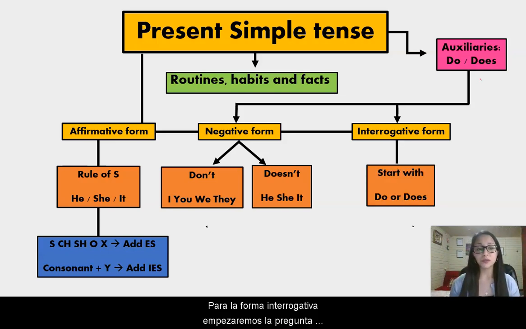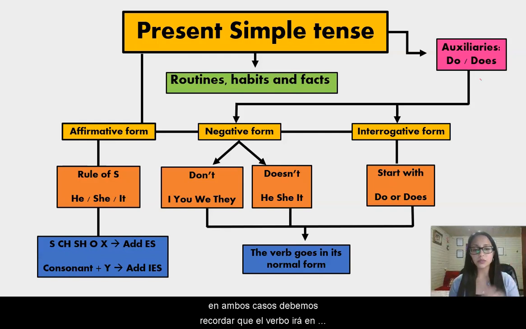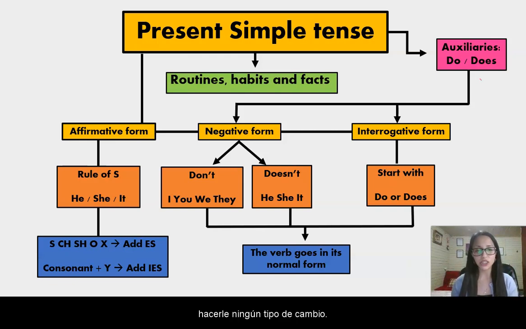For the interrogative form, we will also start the question with do or does, depending as well on the subject that we are using. And in both cases, we must remember that the verb goes in its normal form, so we don't need to make any kind of change here.